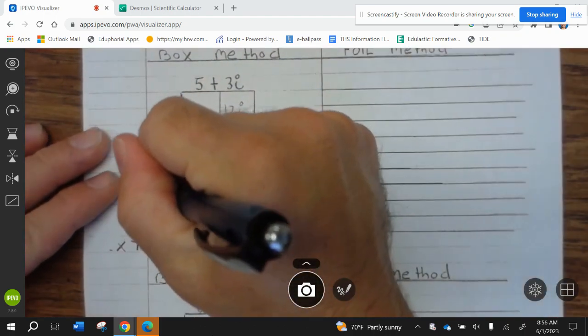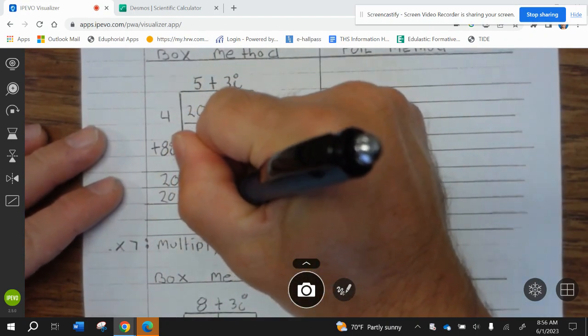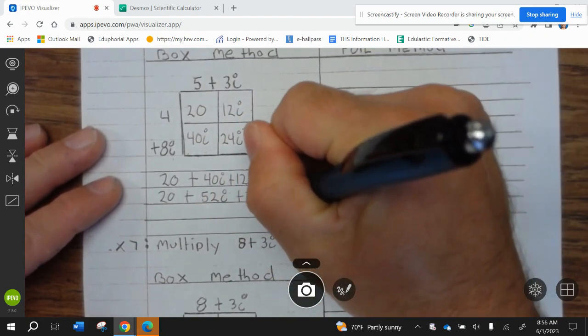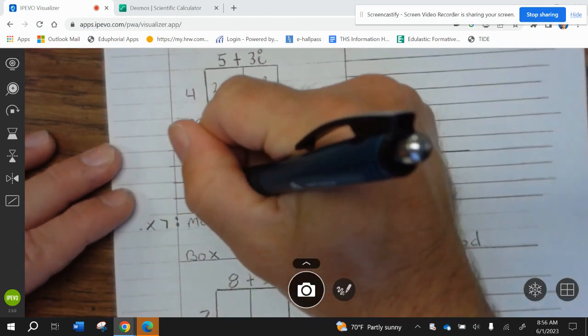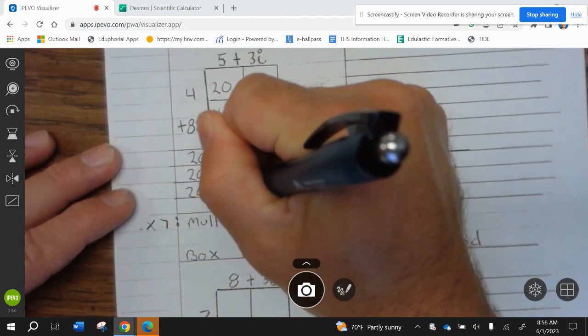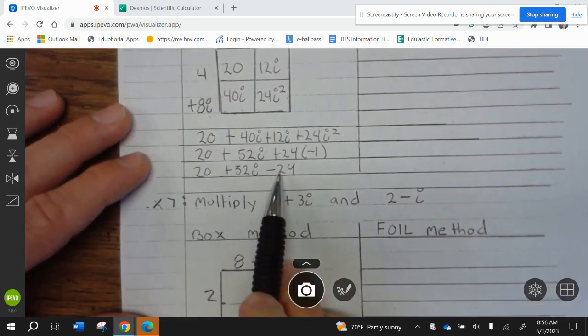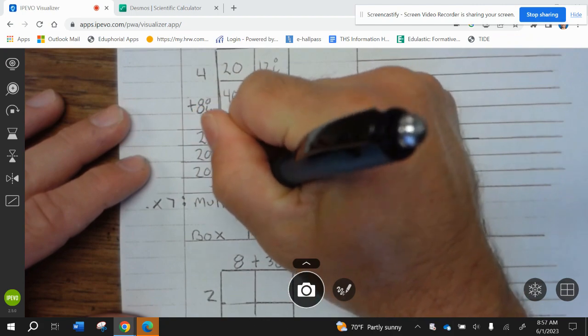So then that's 20 plus 40i plus 12i is 52i plus 24. i squared is negative 1. So you have 20 plus 52i minus 24. Now you combine these. So 20 minus 24 is negative 4 plus 52i.